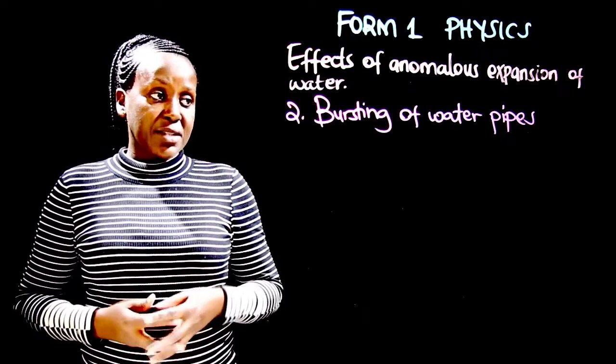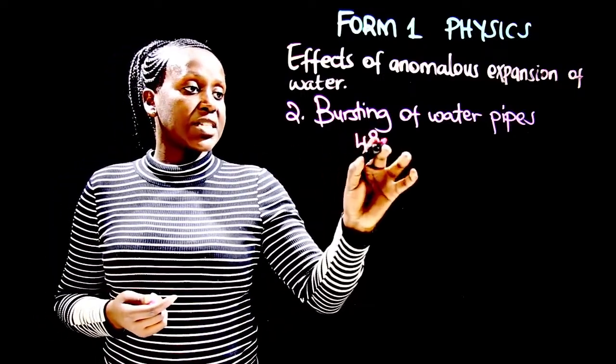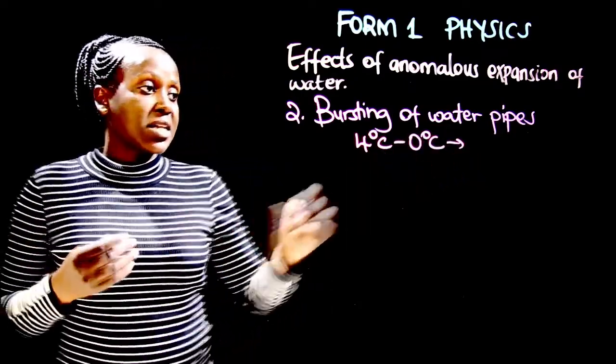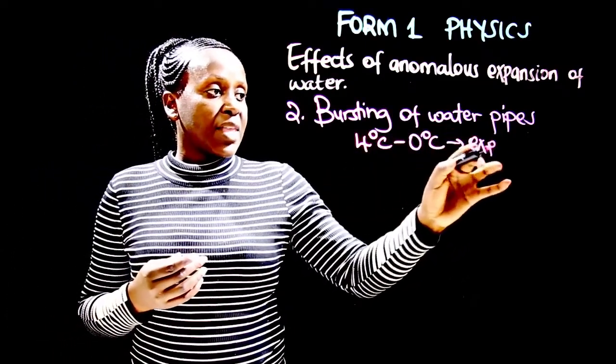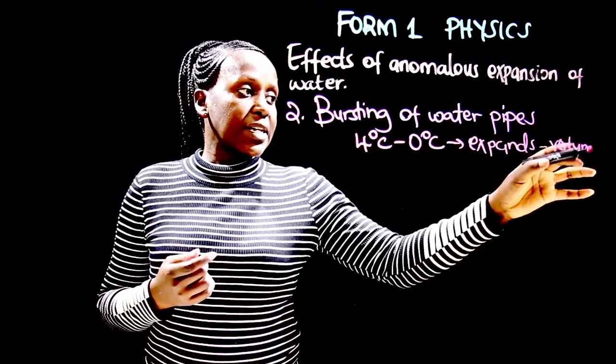And when that happens, remember we said that when you cool water from 4 degrees Celsius to 0 degrees Celsius, instead of contracting, it expands. And when it expands, the volume increases.